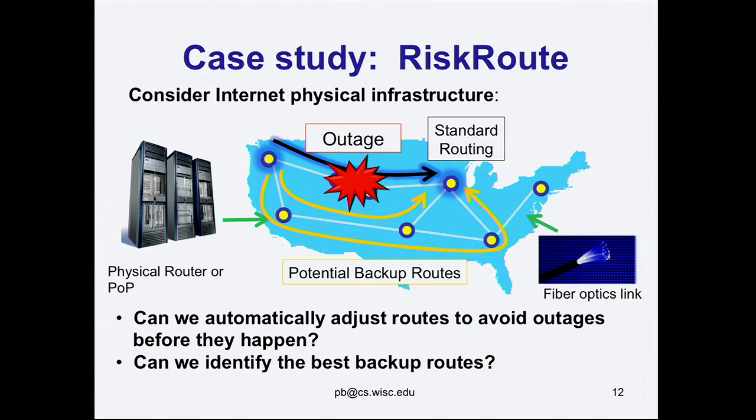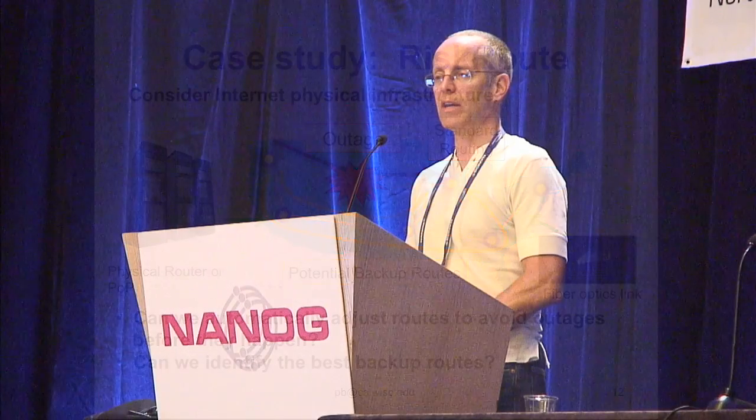So in this study, we're seeking answers to a couple of questions, which is how can we automatically adjust routes to avoid outages before they happen, so generally to improve robustness. Another way of saying this is if you had to add one link to your infrastructure to improve robustness from natural disaster outages, where would you add it?